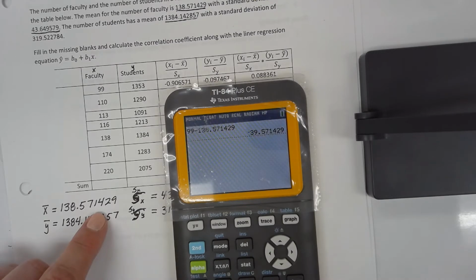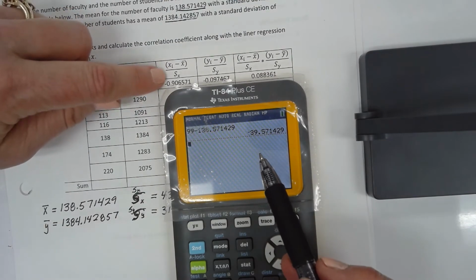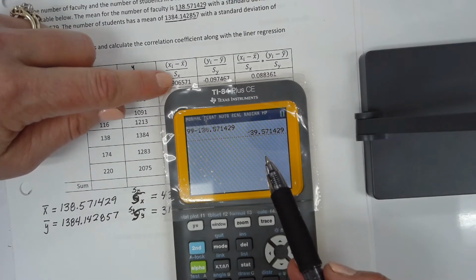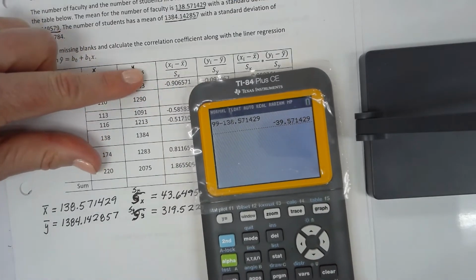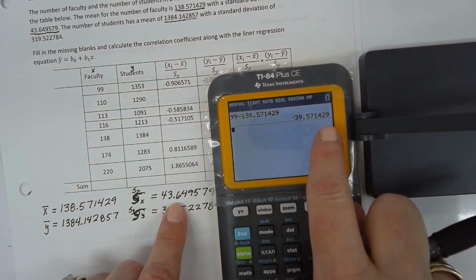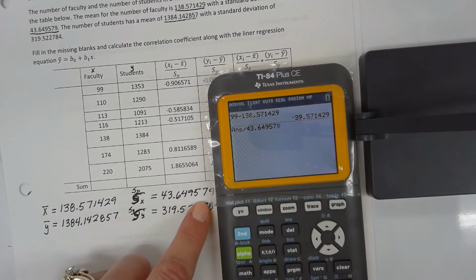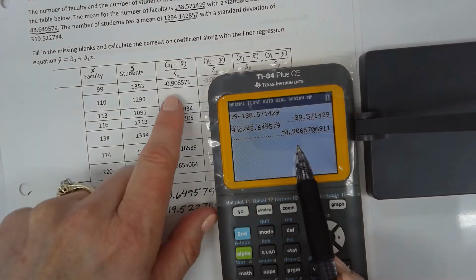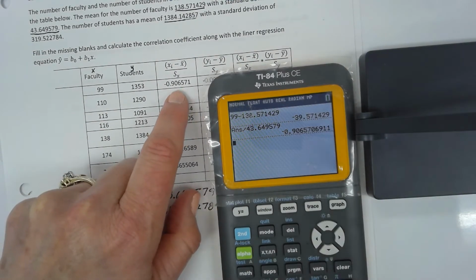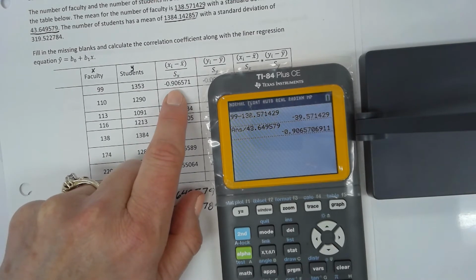And go ahead and press enter to get that answer, okay? Because it's saying get that answer and then divide by the standard deviation of x. Okay, so the standard deviation of x is that 43.649579. So since we already have that answer in there, we can just put divided by 43.649579 and then enter. So we get negative 0.906571 if it's rounded to 6 decimal places, okay? So that's how they came up with that number.